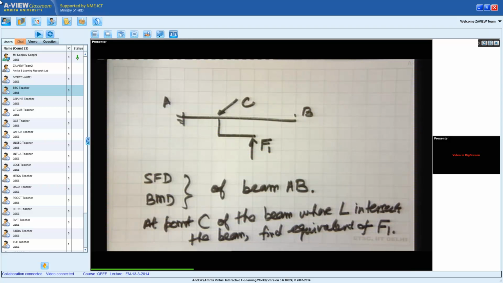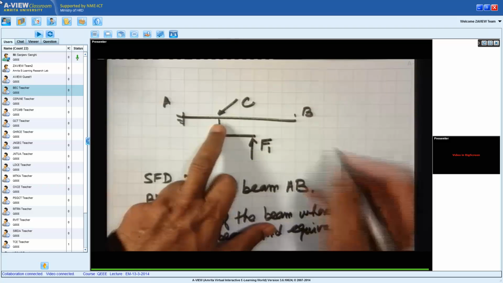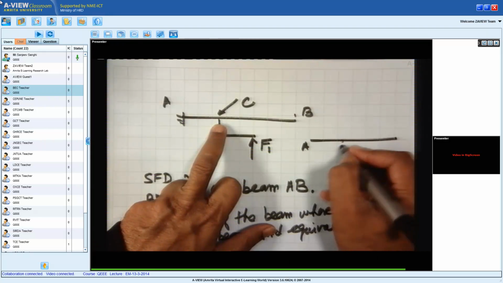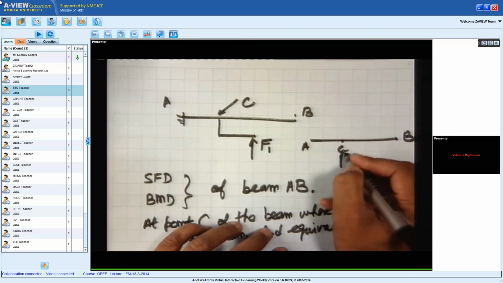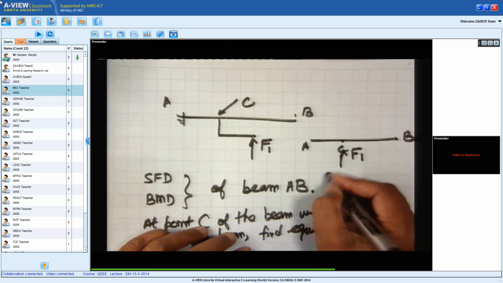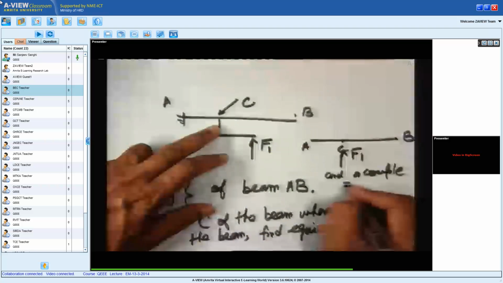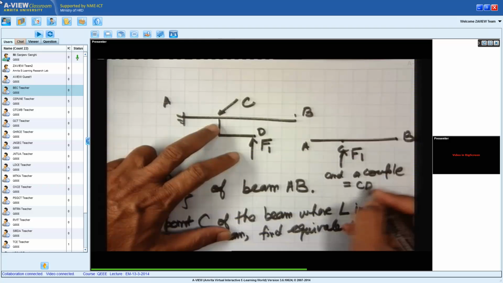If you look at our first lectures, the equivalent force system due to F1 at point C will consist of two parts: a force F1 and a couple which is equal to, if this point is D, CD cross F1.